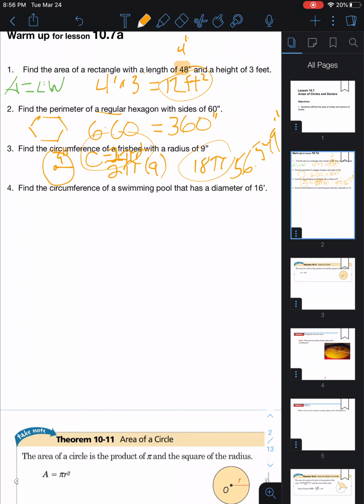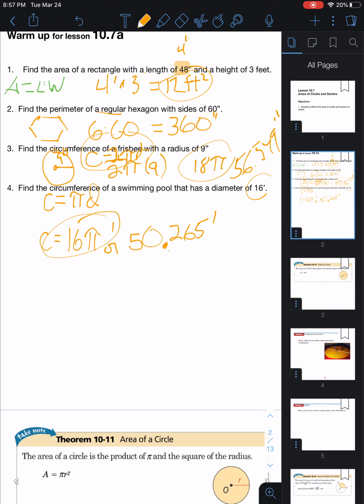And then the circumference of a swimming pool, we also compared it not only just to the radius, but to the diameter. That's C equals pi times d, or pi d. The diameter is 16 feet, so it'd be 16 pi feet for the circumference, and if we took that out to our decimal, that would be pi times 16, or 50.265 feet.